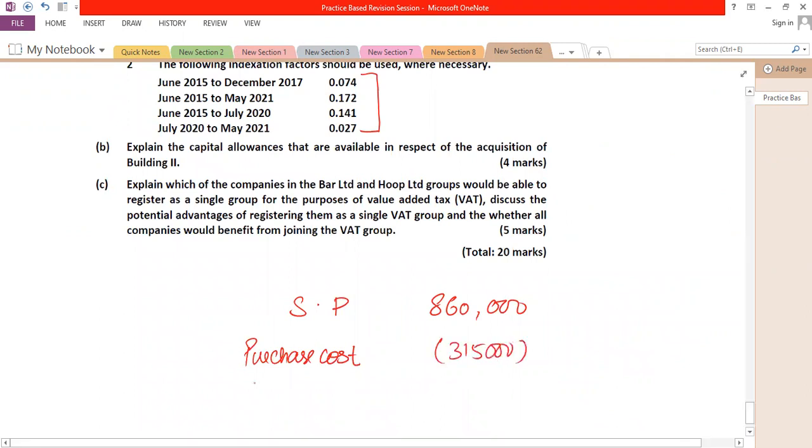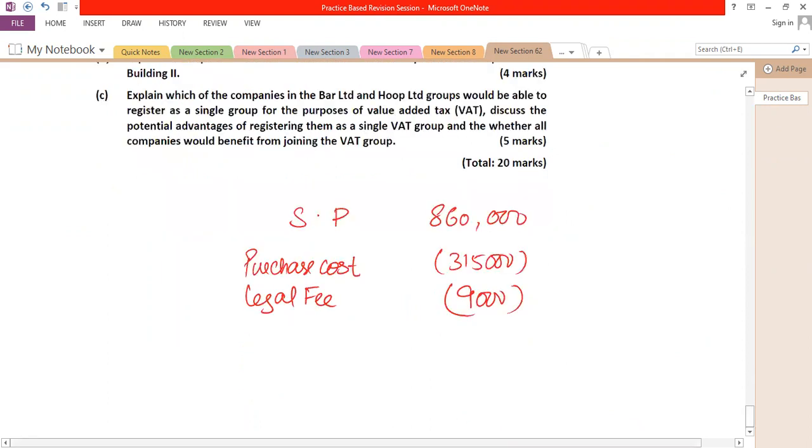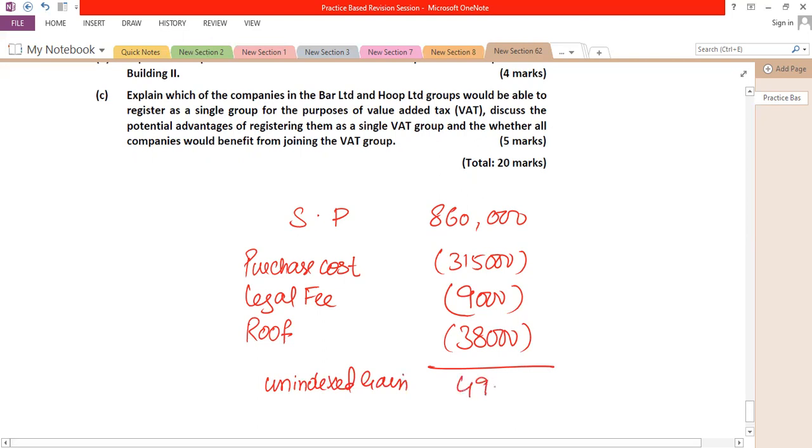We have the legal fee, that is allowable, 9,000. And we have the expenditure on the roof, and that is 38,000. Now remember that in corporation tax, this is called the unindexed gain because we have to cover inflation as well. So it's 4,98,000 unindexed gain.